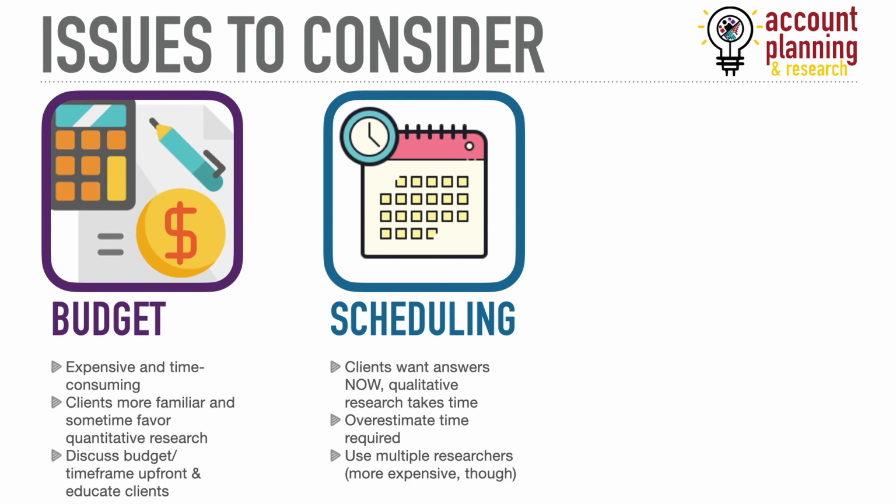It's not something that you can just put out online and gather responses for within a few minutes or hours. So you need to be able to convince the client of the importance of qualitative research and the importance of waiting a few weeks rather than just a few hours to get some data. You want to do that by highlighting the incredible insights that you can gain from the in-depth analyses that you can do with this type of research.